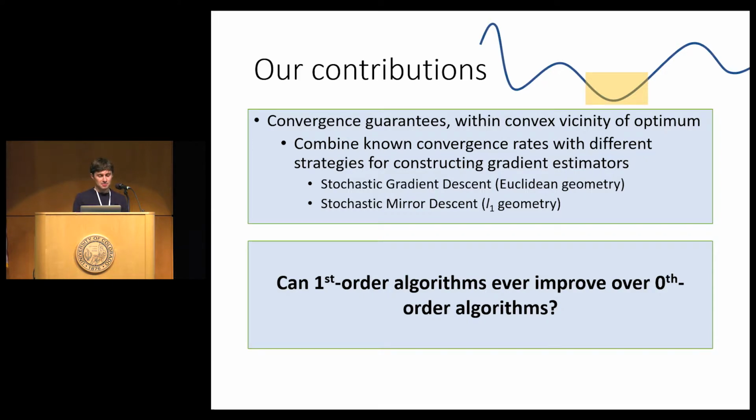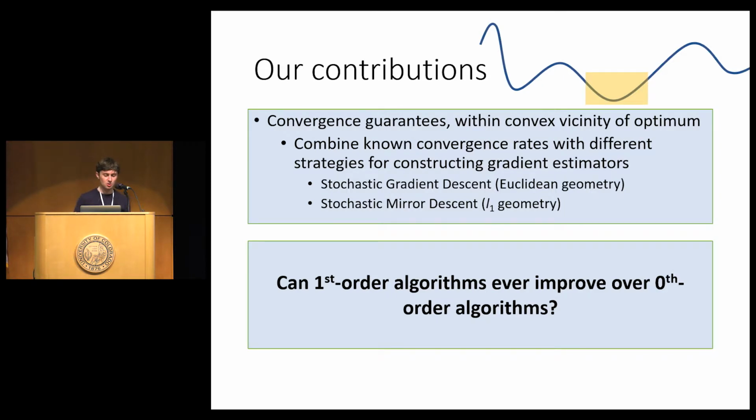And this is mostly a matter of importing known convergence rates from the stochastic optimization literature and combining these convergence rates with different strategies for constructing estimates of the gradient.